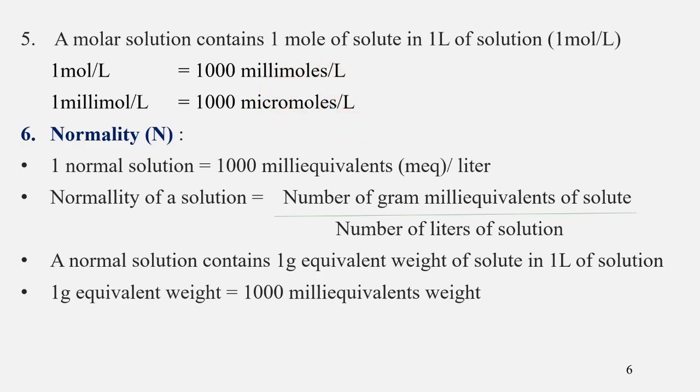Next, coming to the normality. What is normality? It means number of gram milliequivalents of solute by number of liters of solution. Then 1 normal solution equals 1000 milliequivalents per liter.